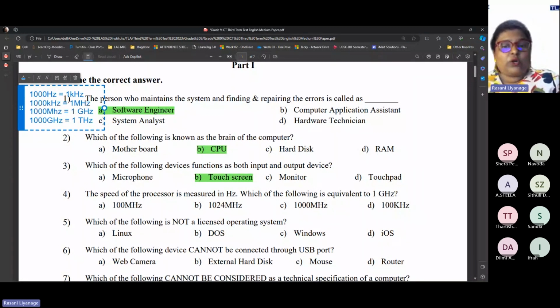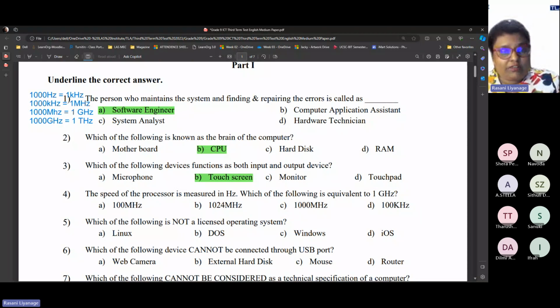So as with this, 1 gigahertz is always equal to 1000 megahertz. If any of you don't have this, write it down.